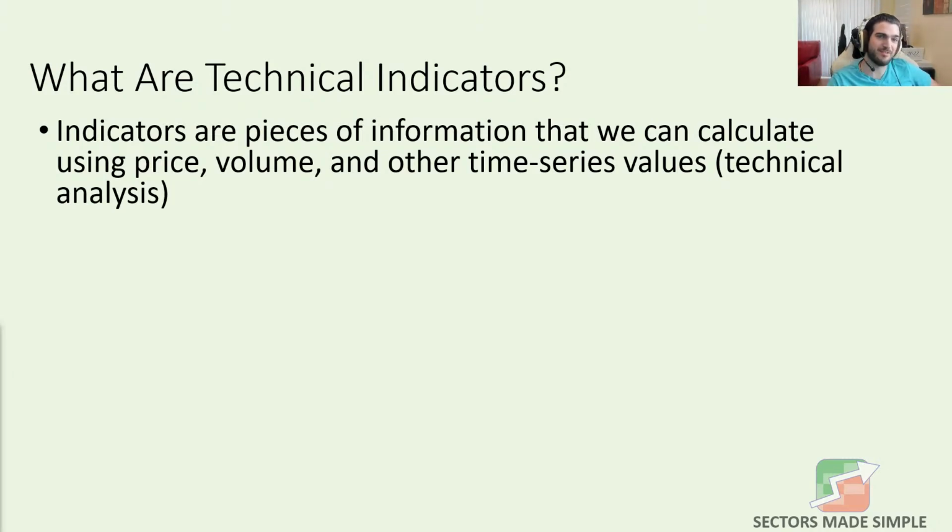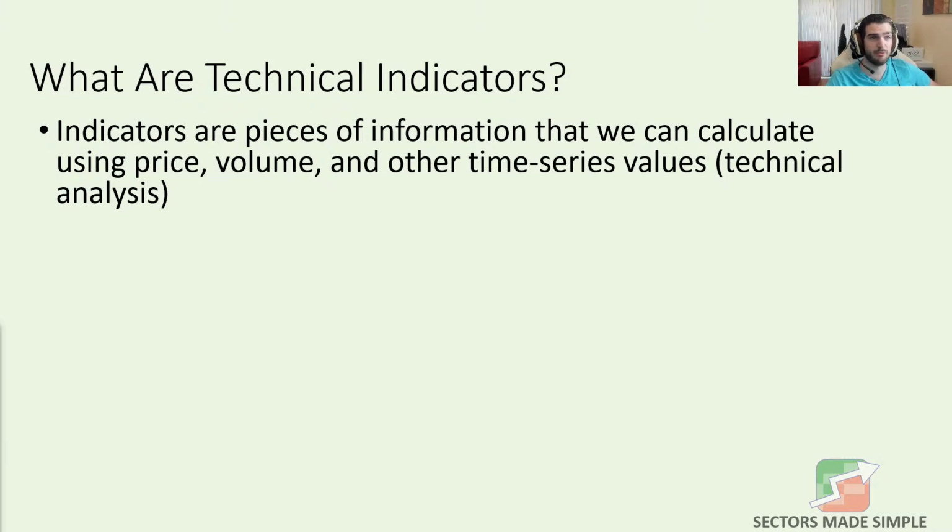So let's step through this and talk about exactly what a technical indicator is. These indicators are any sort of math that we can use on prices, volume, open interest, whatever it might be for this security. As long as it's time series, as long as it's at least one piece of information per period, we can use it.